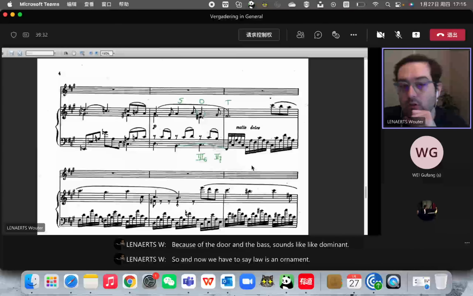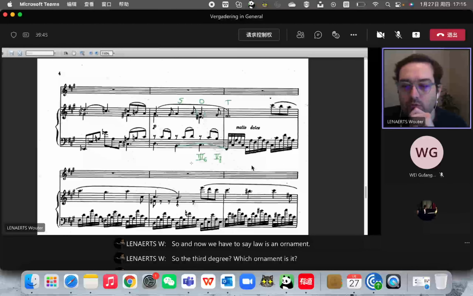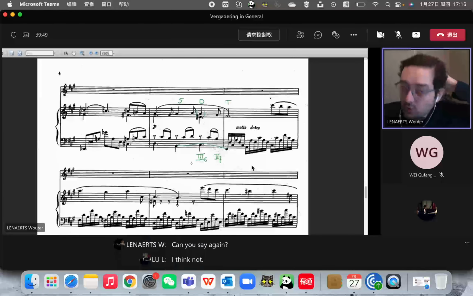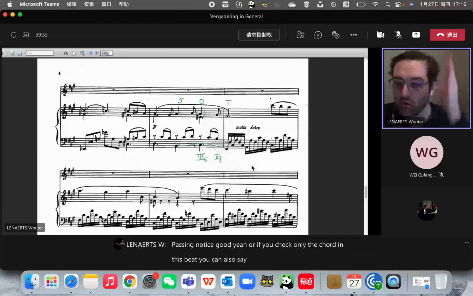So the third degree, which ornament is it? Ask him if it's a passing note. So if you have to choose from, can you say again? Passing note. Passing note is good, yeah. Or if you check only the chord in this beat, you can also say appoggiatura because it's on the beat.